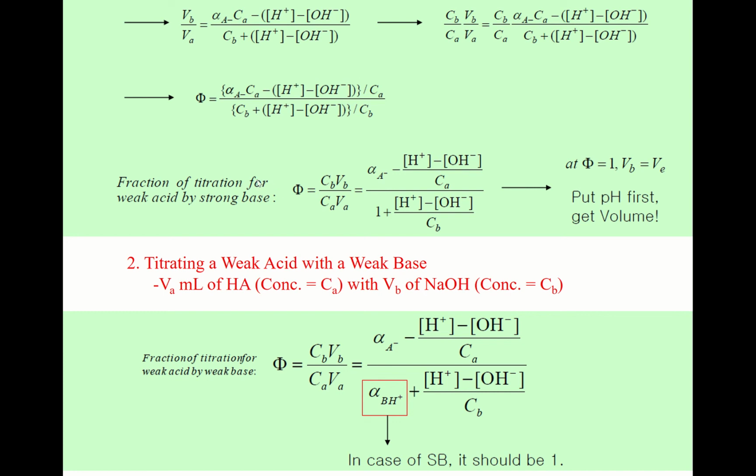Then rearranging that equation, finally we reach this one. This is phi. Phi is the fraction of titration for a weak acid by a strong base. This one is given by this one, and the right hand side is rather complicated.